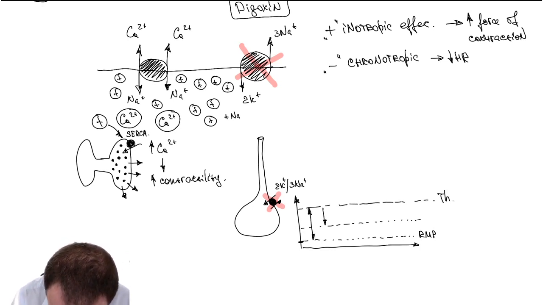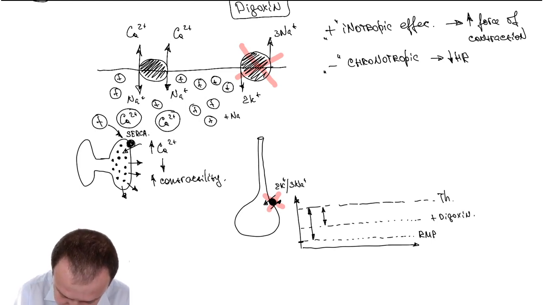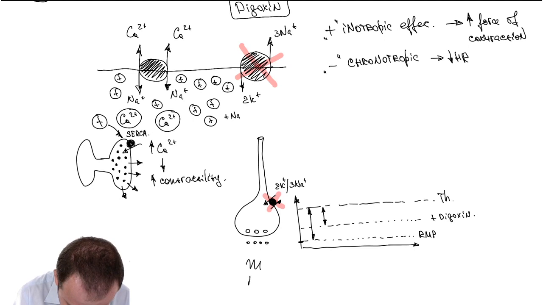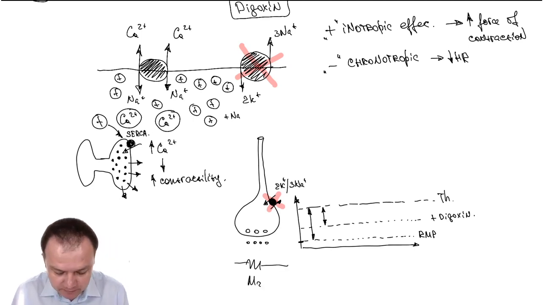So in case of digoxin, the vagus nerve releases more acetylcholine molecules, and more acetylcholine molecules interact with M2 receptors in the sinoatrial and AV node, and this causes a negative chronotropic effect.